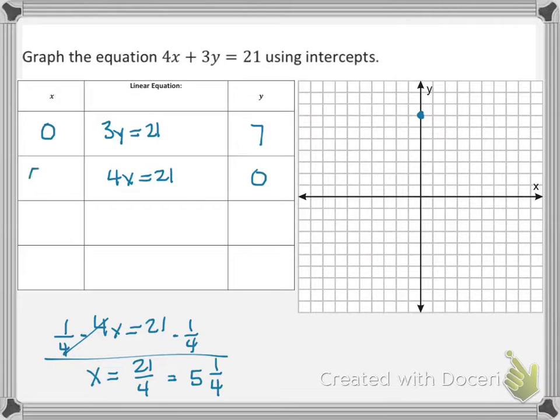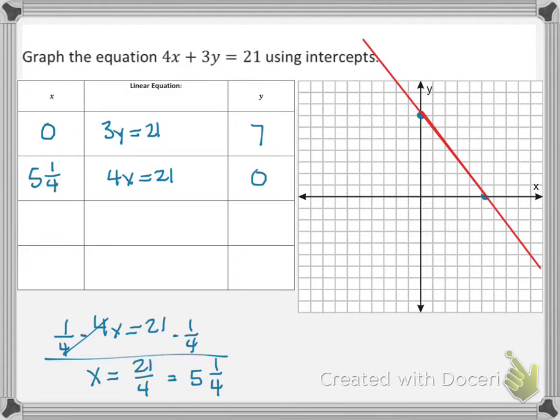So 5 1/4 is the x value when y is 0. So I'd go 5 1/4 to the right, somewhere in there, and then don't go up or down, right? So that's my line. It runs through these 2 points. And let me extend it so you can kind of see. There we go, and that's our line.